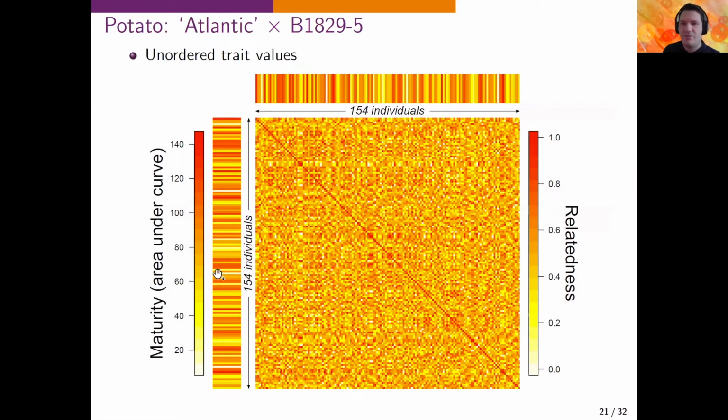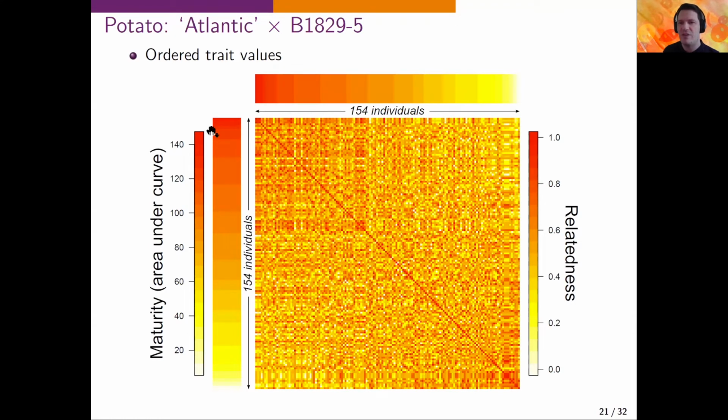Now, this is pretty disorganized, right? So if we order the phenotypic values and reorganize the relationship matrix as such, we can note that more related individuals are grouped here by their phenotypic values, right? Either if it's high phenotypic values or low phenotypic values. Similarly, individuals with contrasting phenotypic values, like low yellow phenotypic values and red phenotypic values, show lower relatedness, right?